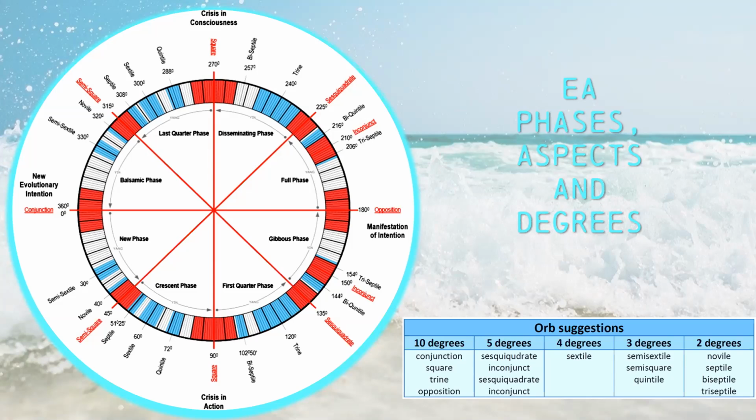So the most important thing, at least from my point of view, when you're looking at these, is to not make any generalizations. Okay, so I'm looking at a Pluto aspect that's a stressful one. It's in opposition. Does that mean that these are going to play out in ways that are negative?